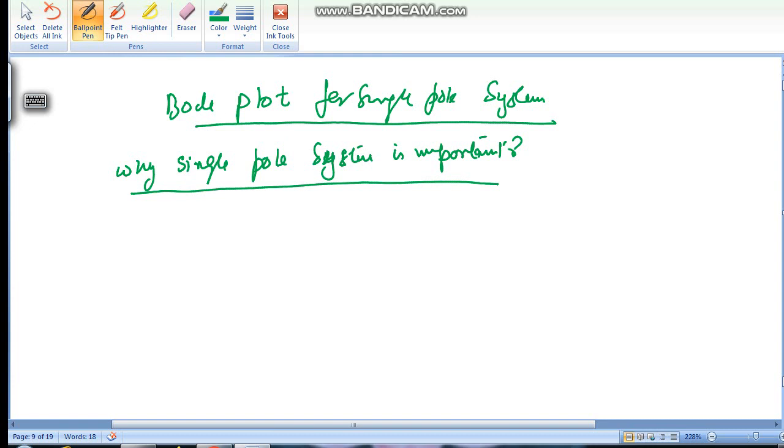We will see in future videos what the concept of stability is, and when a system gets unstable. So whenever we design any system with feedback, we try to make it close to a single pole system. In that case only the phase shift is 90 degrees.